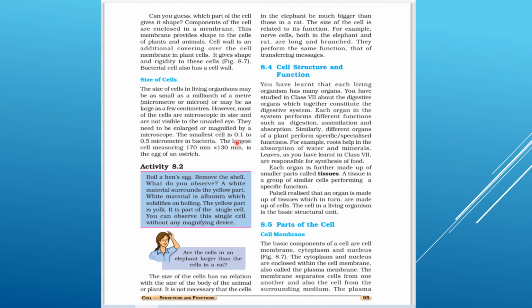The smallest cell, just underline it, is 0.1 to 0.5 micrometer, in bacteria. The largest cell measures 170 mm to 130 mm. It is the egg of an ostrich. This is an important question that can be asked in the examination: the size of the smallest cell or the size of the largest cell. So these are all regarding the size and shape of the cell.